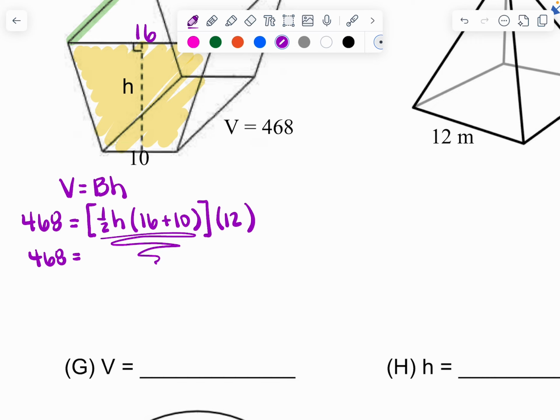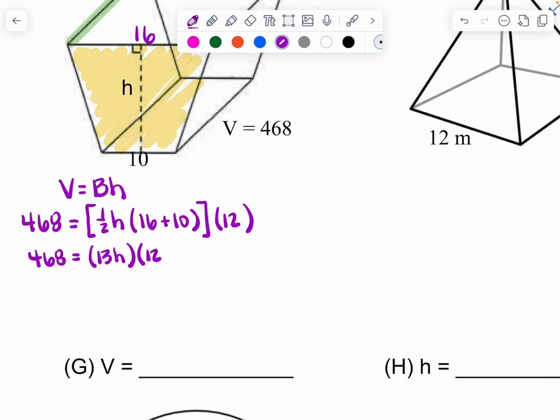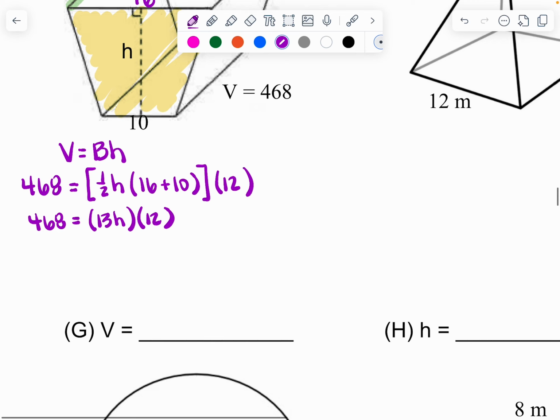So I'm going to go ahead and just do all this first, right? So clearly 16 plus 10 is 26. And then I'm going to take half of that, which is going to give me 13. So that's all going to be 13H inside the brackets. And that's getting multiplied by the 12. Right, so now I can multiply the 13 times the 12, which is going to give me 156H equals 468.